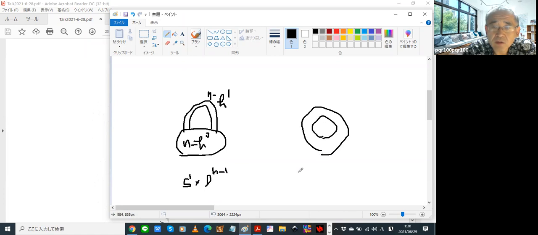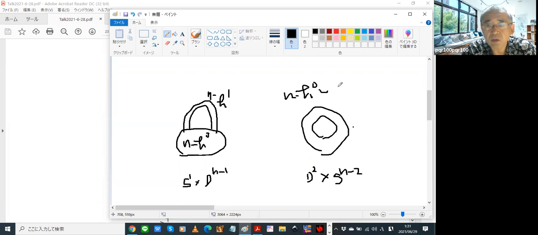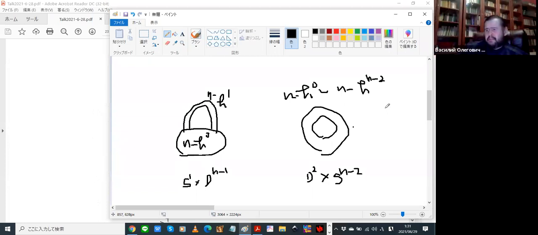It changes to D2 cross S^(n-2). So it becomes n-dimensional 0 handle and n-dimensional (n minus 2) handle.